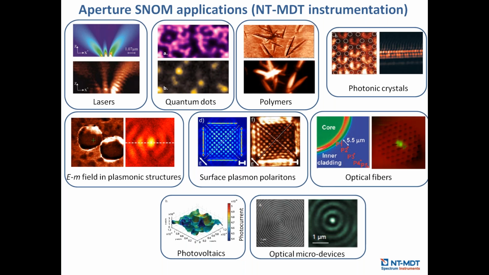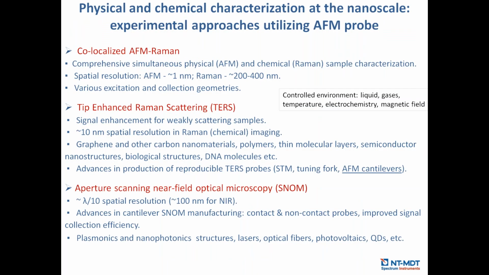And I think I'm going to summarize the webinar. We have discussed co-localized applications of AFM and Raman and fluorescence techniques, which demonstrate a comprehensive AFM analysis coupled with chemical and structural analysis by Raman spectrometer.